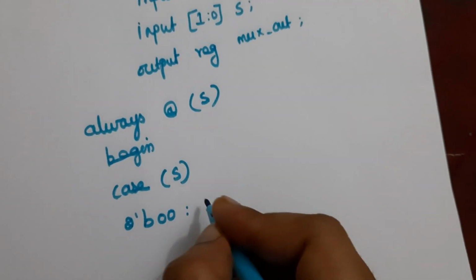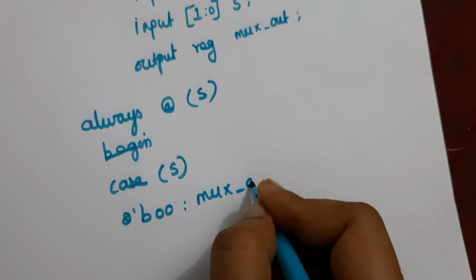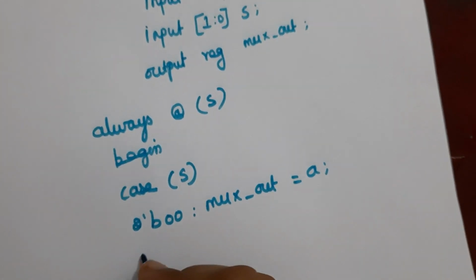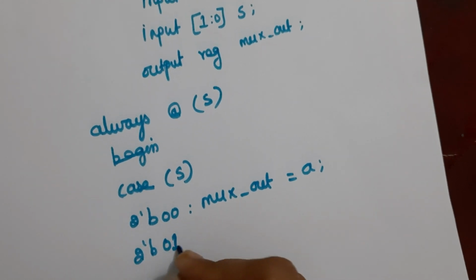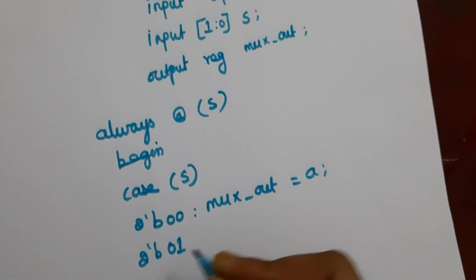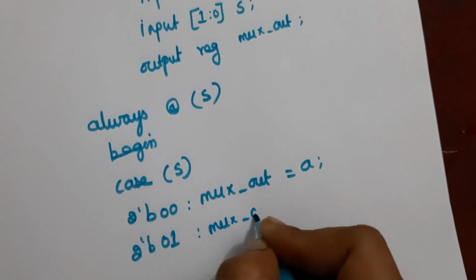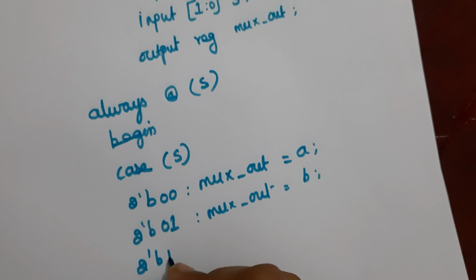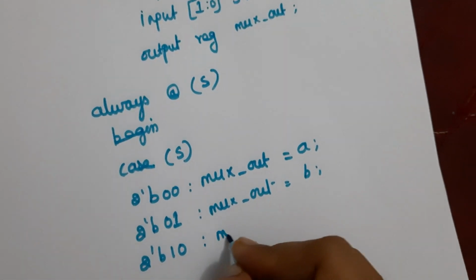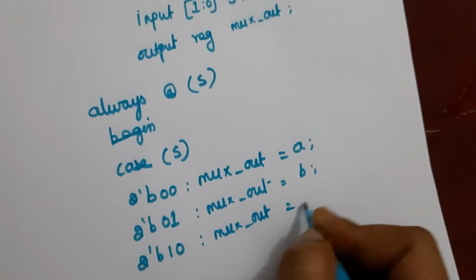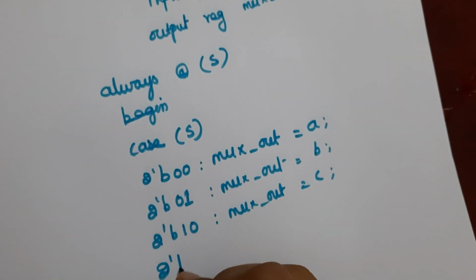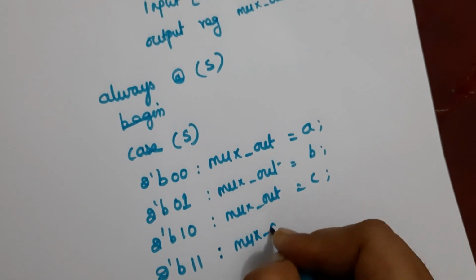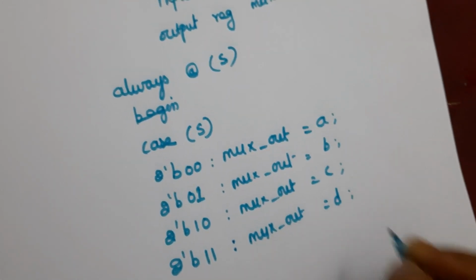Whenever the select line is 00, mux out equals A. Whenever the select line is 01, mux out is B. Whenever the select line is 10, mux out equals C. Whenever the select line is 11, mux out equals D.